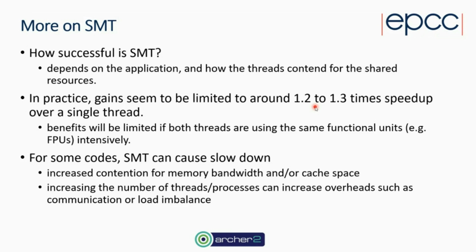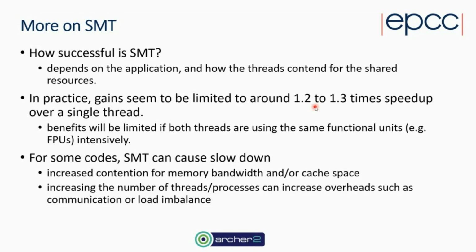And for some applications it can make your code go slower, because you're running twice as many things on the processor. You've got twice as many things competing for cache space and for memory bandwidth and these kinds of things. So it can be a performance benefit for applications, but it can also be a performance degrader.